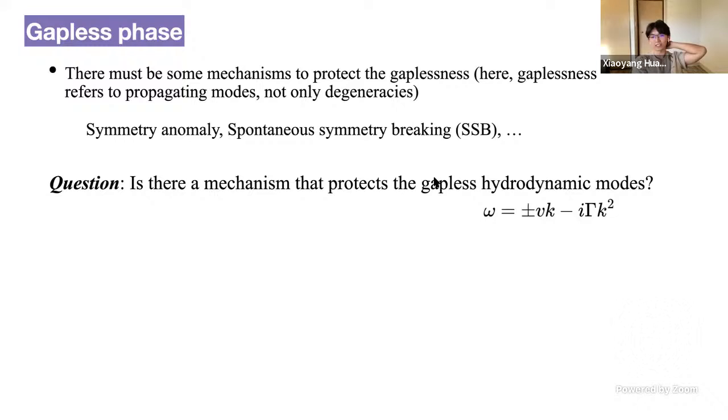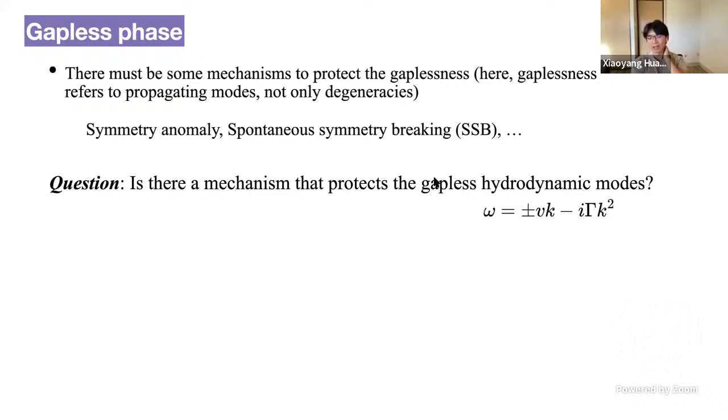Say you have an insulator and you heat it up. You can still argue there's a gap, but maybe at a dissipative level you can have a diffusion mode. So I'm trying to provide a perspective to talk about certain gaplessness that happens in the hydrodynamic regime, making an analogy with what people talk about for equilibrium phases.